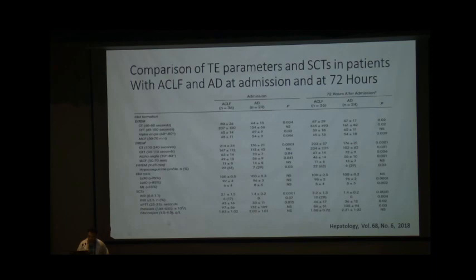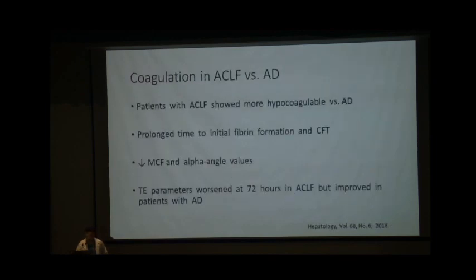Standard conventional tests were also more hampered in patients with ACLF as compared to acute decompensation. However, the level of platelets and fibrinogen was comparable between ACLF and acute decompensation.